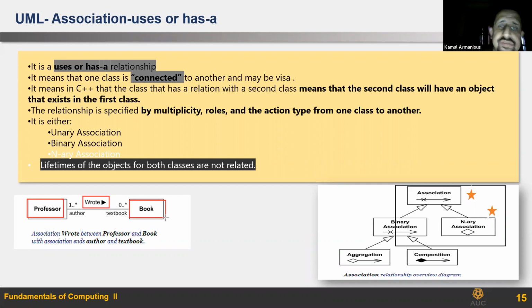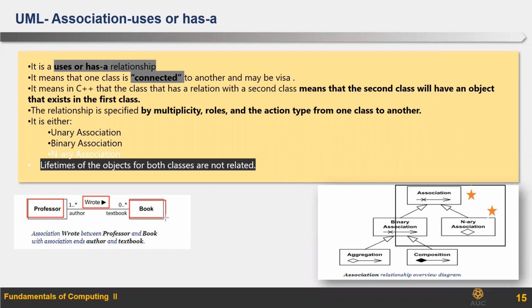There are three kinds of association relationship, three categories. First, a unary association, which in simple words means a relationship from one side only. So the professor writes a book, that's it, but there's no relationship from the book to the professor. This is a hypothetical example.